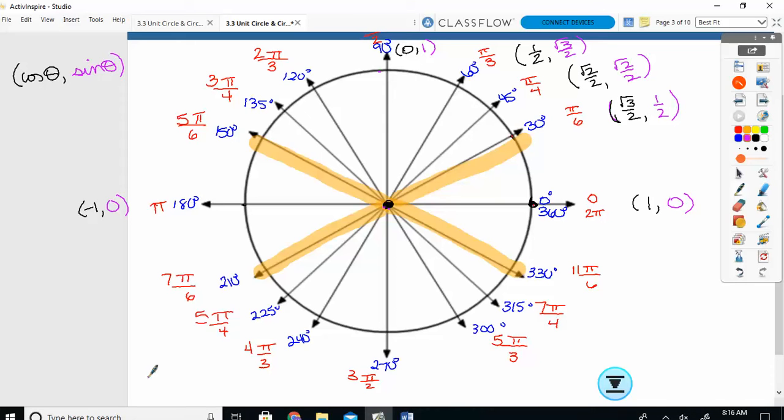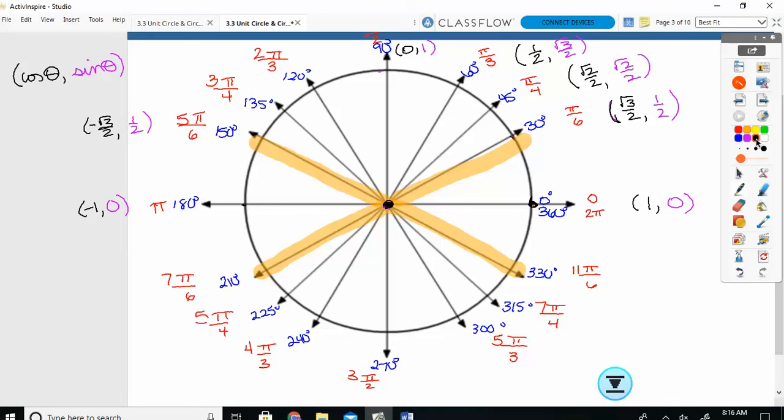If you're in the second quadrant, what's negative, x or y? X. So it will be the same ordered pairs that we had here, except the x is negative. So my first point would be negative radical 3 over 2, positive 1/2, which makes sense.